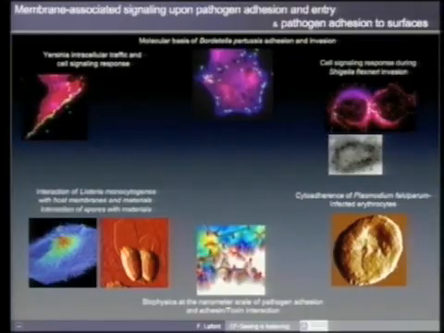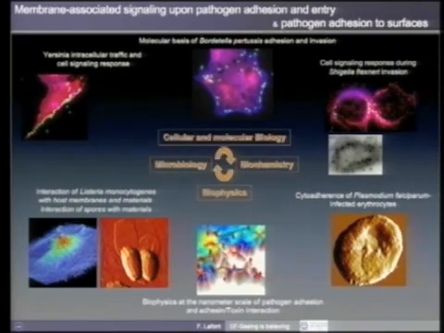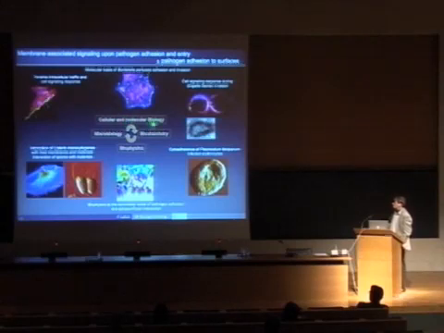And also, we are using atomic force microscopy to study at the nanometer scale the adhesion of pathogens or adhesin or bacterial toxins to the host cells. So we are really developing an interdisciplinary approach in the lab, mixing cellular molecular biology, microbiology, biochemistry, and biophysics.